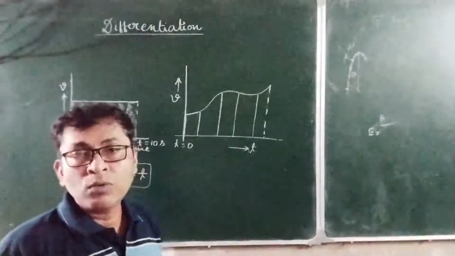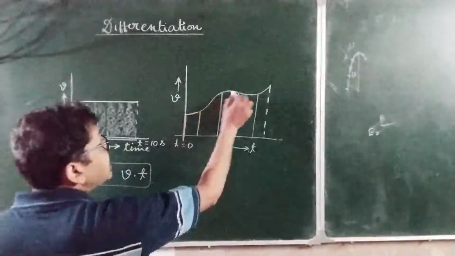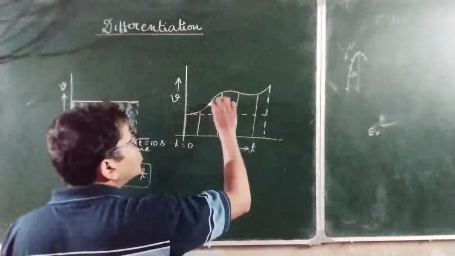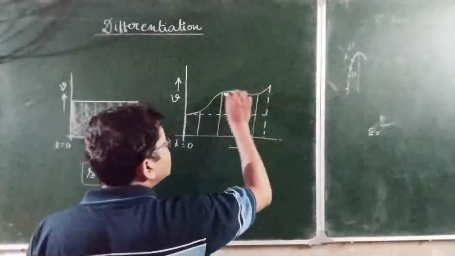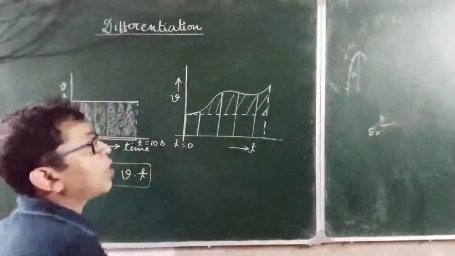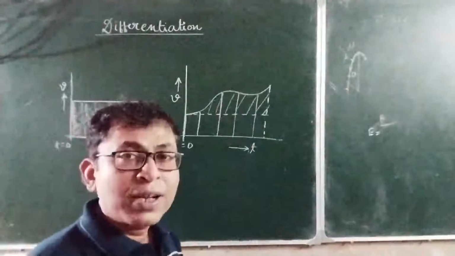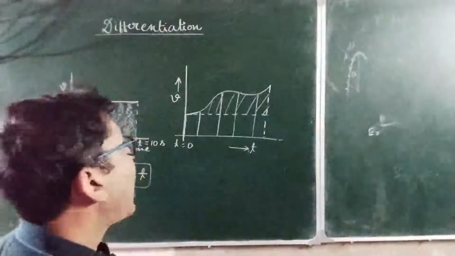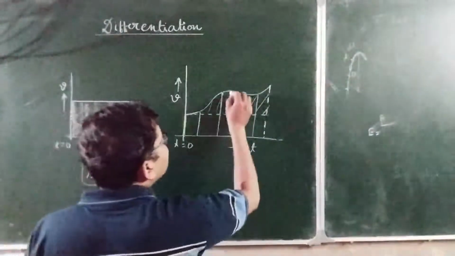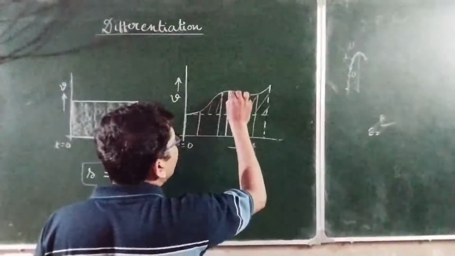So what should we do now? In this situation, we cannot take this as a rectangle. So this part is problematic. This part makes the trouble. How can we solve it? How can we resolve this problem? Now, differentiation advises us to take an extremely small section of time.